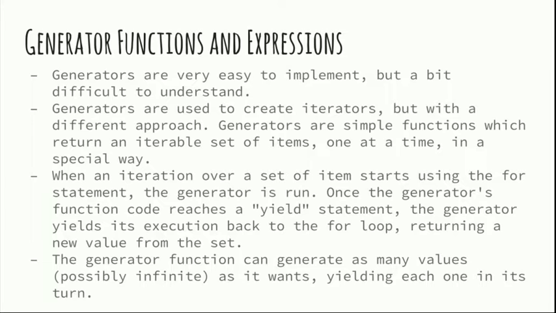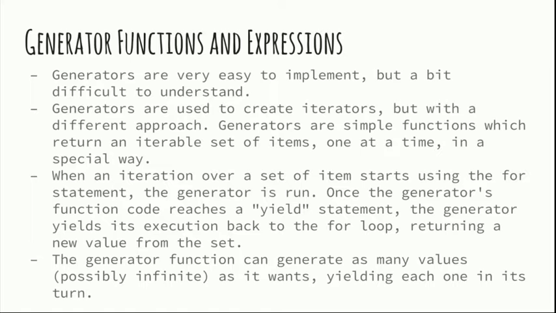Generator function and expression. Generators are very easy to implement but a bit difficult to understand. Generators are used to create iterators but with a different approach. Generators are simple functions which return an iterable set of items one at a time in a special way.